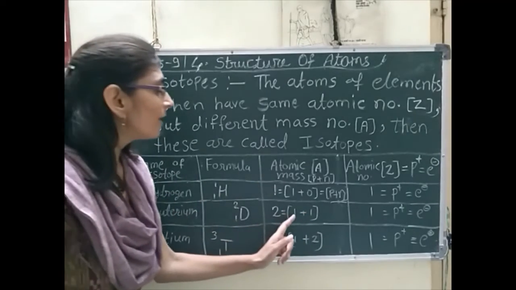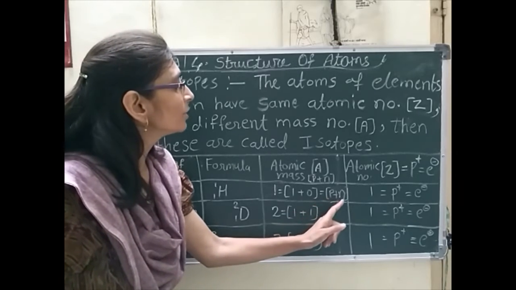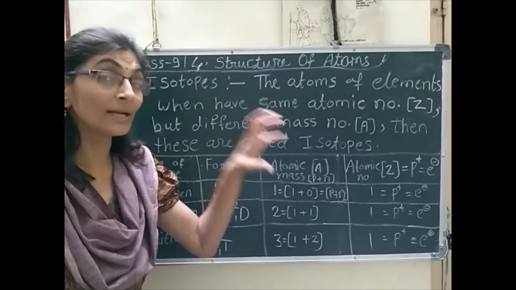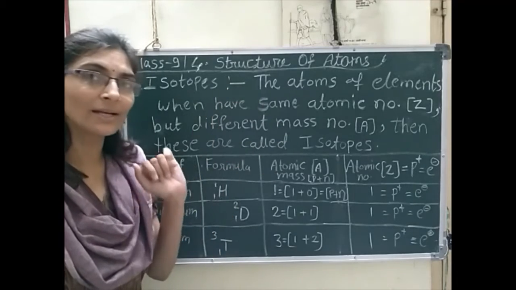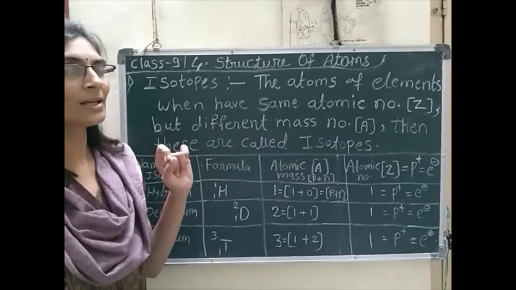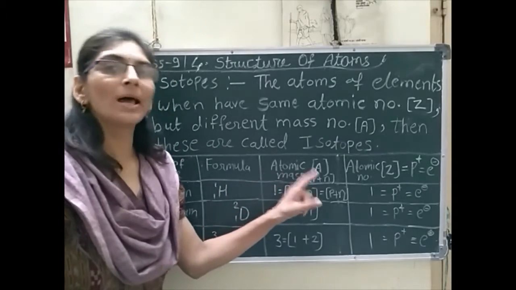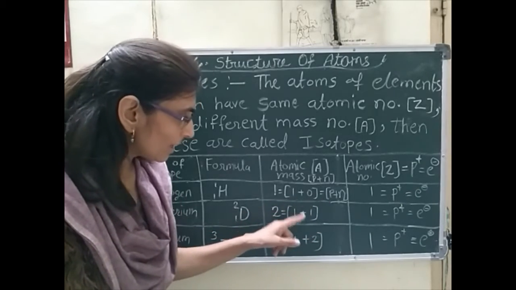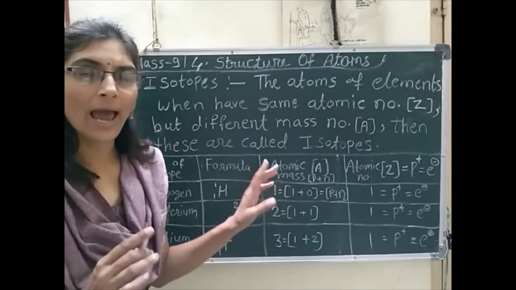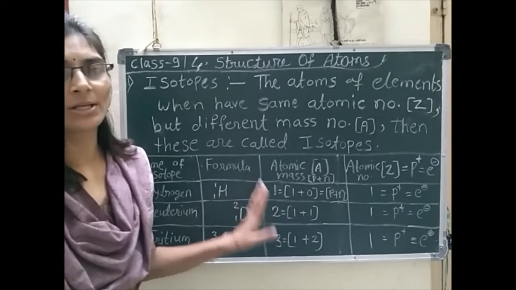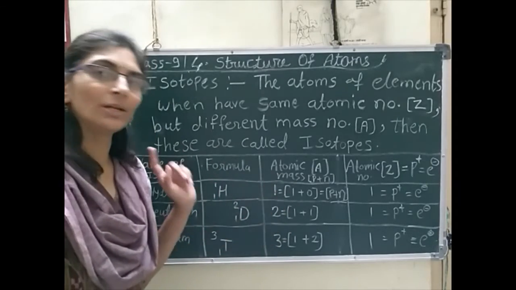So one proton plus one neutron. What is atomic mass? It is concentrated at the center of the atom, inside the nucleus. What is inside the nucleus? Proton plus neutron. So in case of hydrogen, as there is no neutron, only one proton is present, that's why atomic mass is only 1.